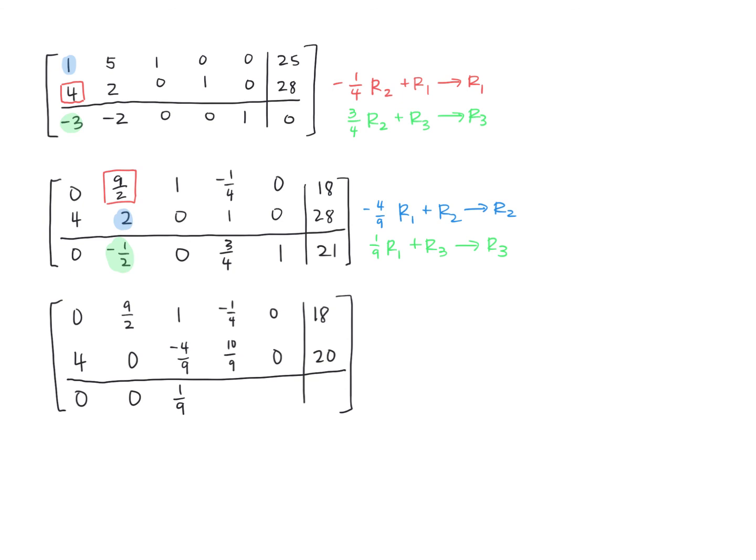So -1/36 plus 3/4, that will end up getting me 13/18. Okay, and then I have 0 times 1/9 is 0, plus the 1 is 1. And then 18 times 1/9 is 2, plus the 21 is 23.